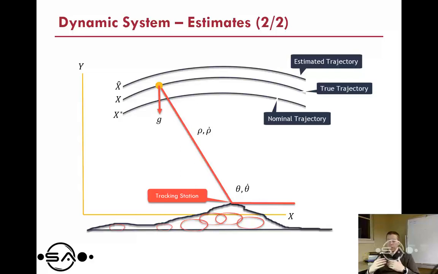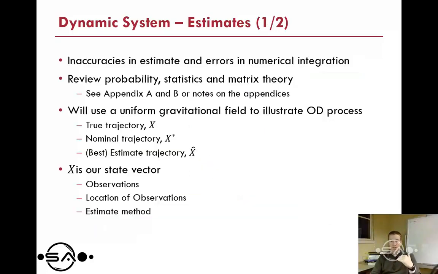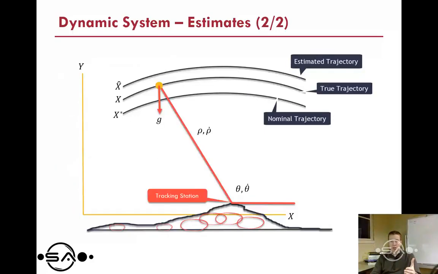So what you're looking at is what we just talked about on the previous slide. We have our observations, our rho and our rho dot, so our range and range rate, and then we have our elevation and our elevation rate, so theta and theta dot, and that is provided from a tracking station on the ground on some mountain in this 2D case.